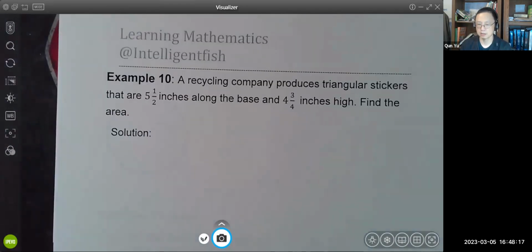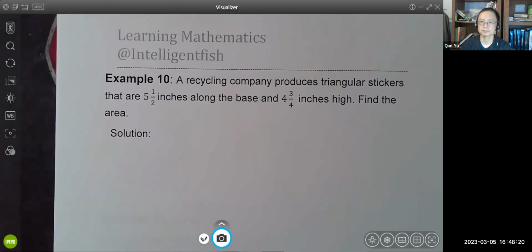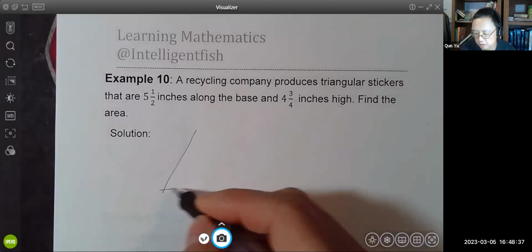Now let's look at our next example. A recycling company produces triangle stickers that are 5.5 inches long along the base and 4 3/4 inches high. Find the area. So this is the standard one.